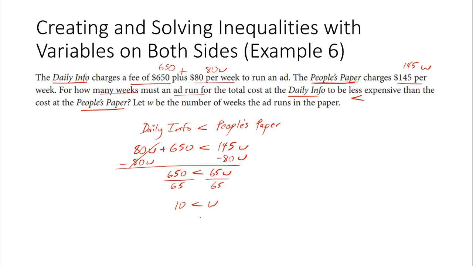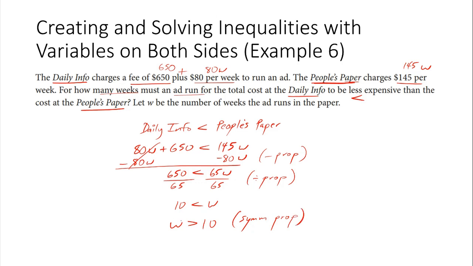All right, so symmetric property. So again, first off, we did subtraction property, right, to get the variables together. And then we used the division property to take care of the 65 for our coefficient. And then now we're going to use symmetric property to say weeks is greater than 10. So notice I changed my statement. That's called the symmetric property.